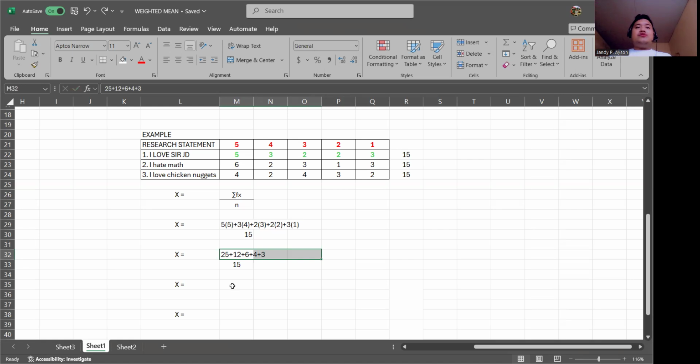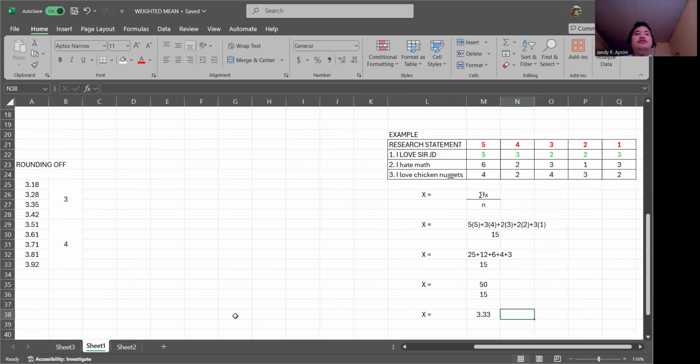All right. So the answer is 50 divided by 15. So 50 divided by 15, it is equals to, ano sagot? Let me just compute it kasi hindi naman ako mathematician. 50 divided by 15 is equals to 3.33. So dahil 3.33 siya, ano nga ulit ruling natin?